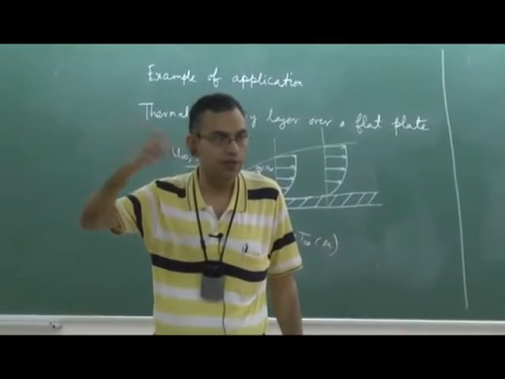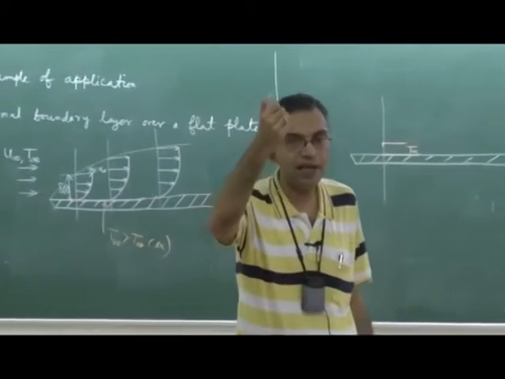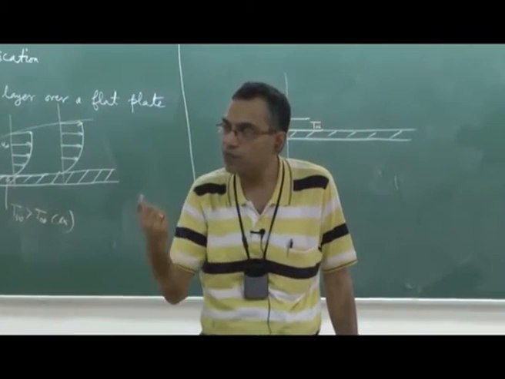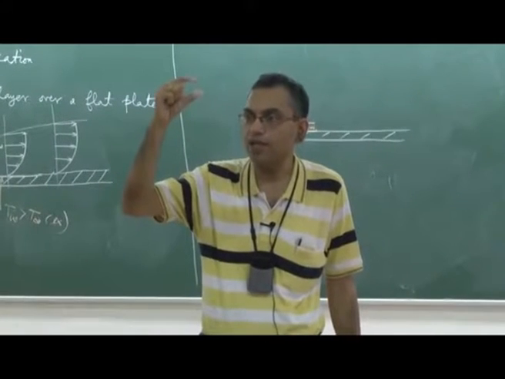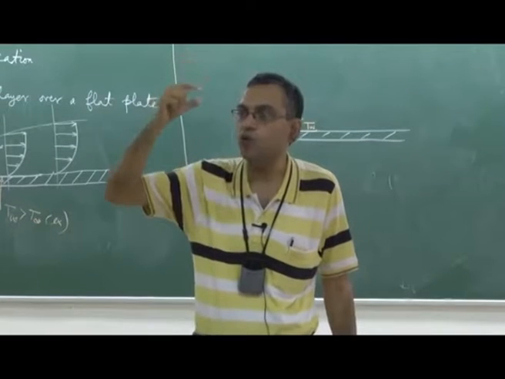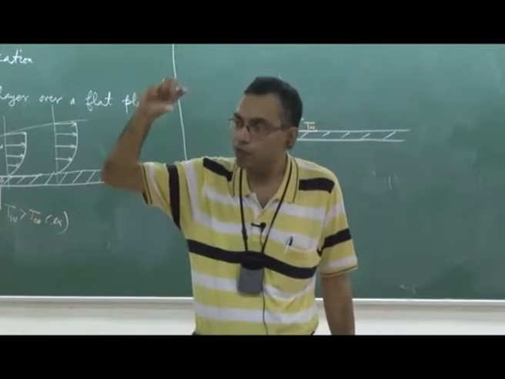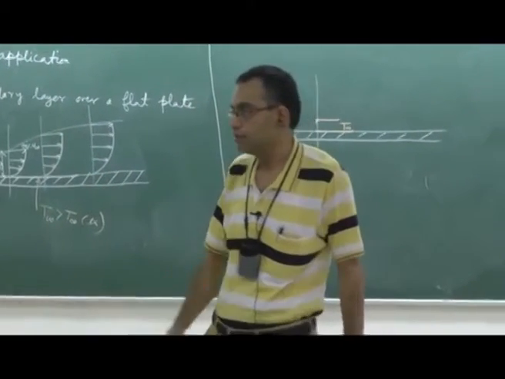Which here is more, temperature of the fluid or T infinity? I mean, what is the lowest temperature of the fluid? In other words, the lowest temperature of the fluid is T infinity. So, temperature at any other location in the fluid has to be greater than T infinity for effective heat transfer from the wall to the fluid, right. So, the temperature where it asymptotically attains a value close to T infinity is not 99% of T infinity, but if you take a 1% gap, 1.01 of T infinity, right.